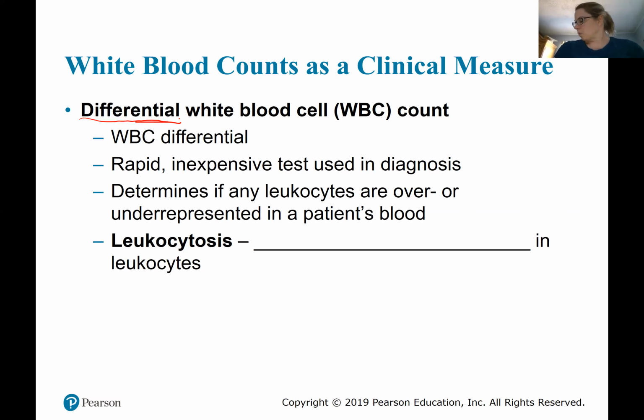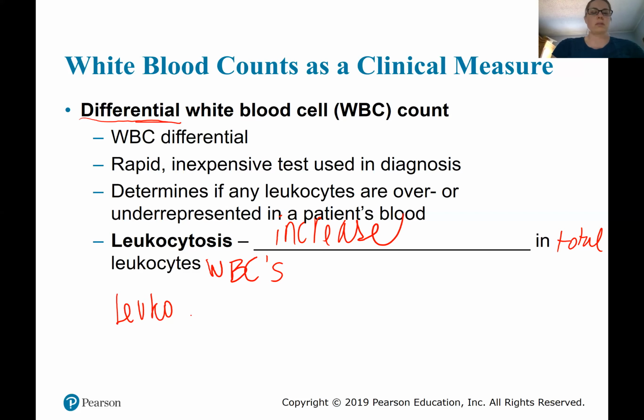Looking at what's called leukocytosis, that is an increase in total leukocytes, or total white blood cells. A lot of times leukocytosis indicates some sort of infection. On the opposite, leukopenia is a decrease in the number of total white blood cells.